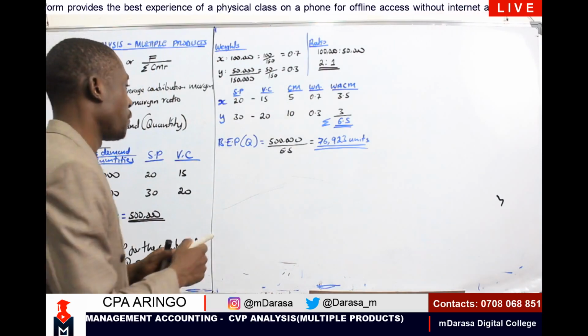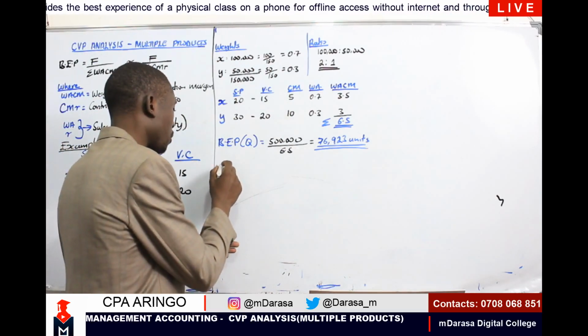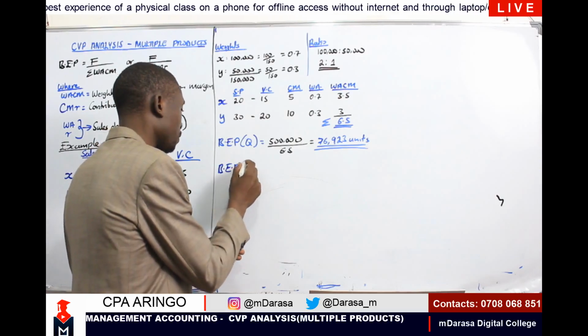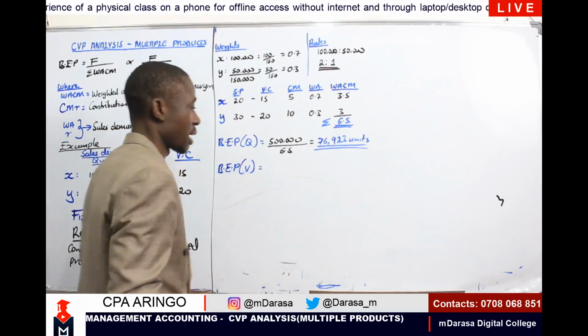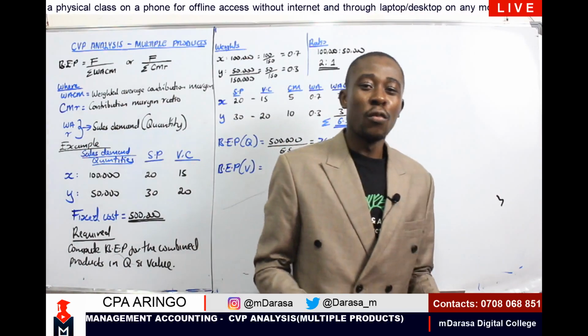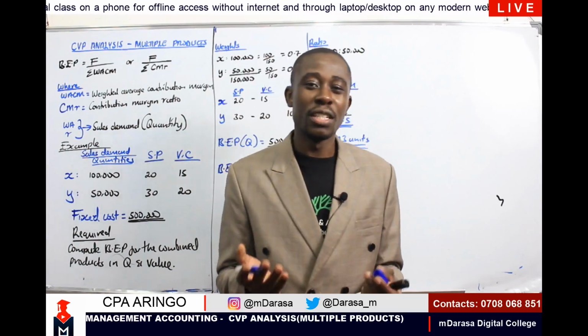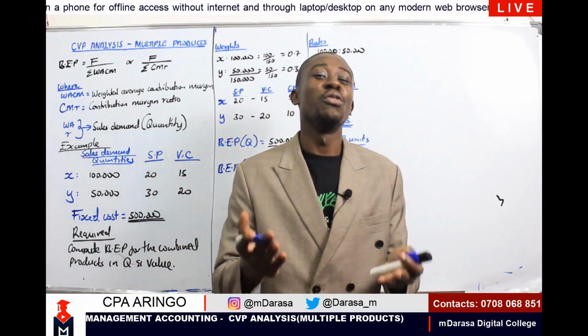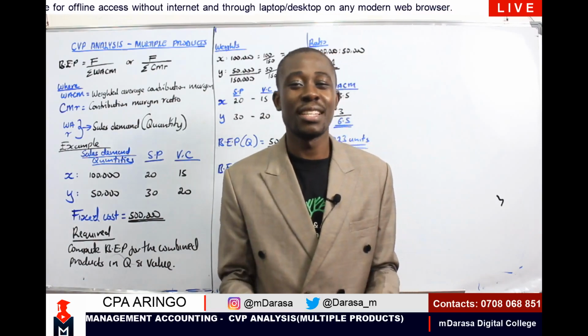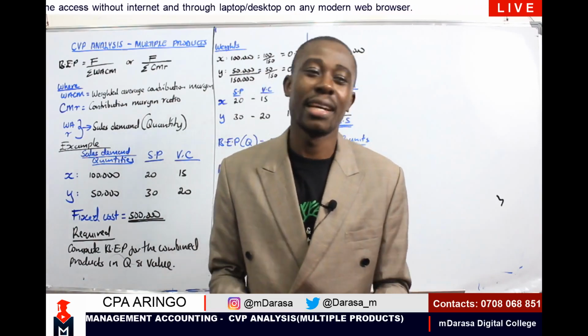What if in the event that we are required to determine our break-even point in value for the combined products? What will we do? For us to determine our break-even point in value, my good students, I'm going to give you a shortcut which will assist you to understand this concept clearly.